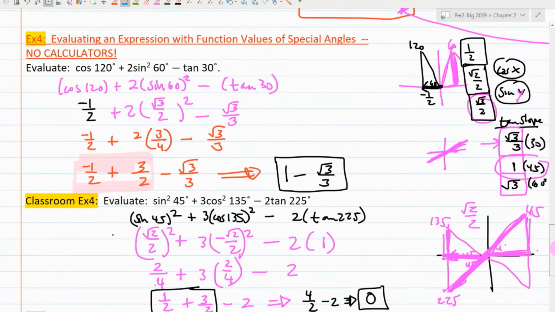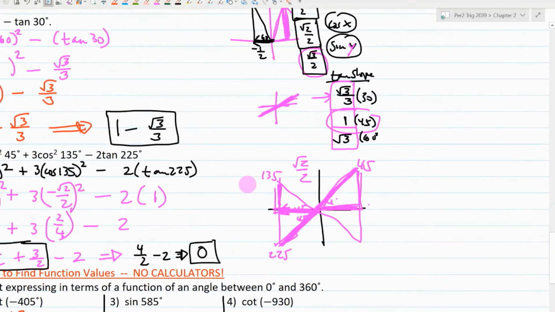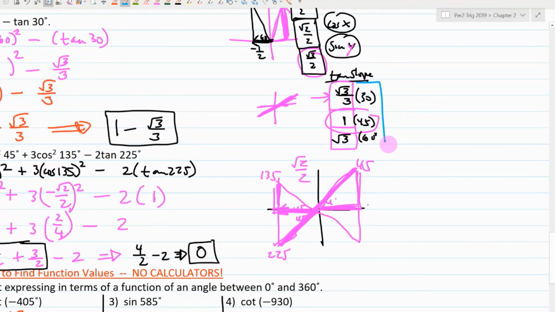If you go back to the list we made over here, for tangent, they go in this order, these numbers, for the 45s and 60s. And for cotangent, they go in the reverse order. So it would be radical 3, then 1, and then radical 3 over 3. Okay, for the 30, the 45, and the 60, you just have to determine if it's positive or negative. Tangent's positive in these two and negative in these two quadrants.